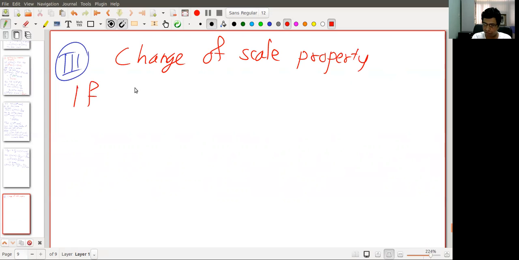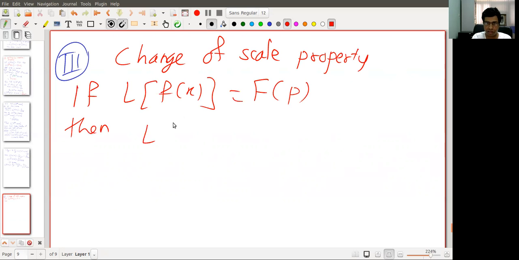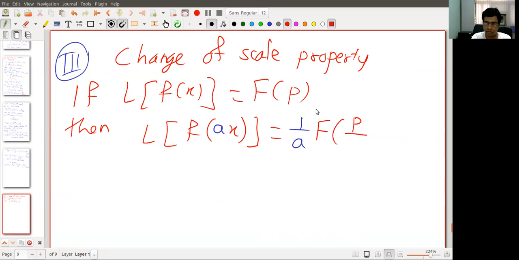It is described as: if Laplace transform of f of x is F of p, then Laplace transform of f of a multiplied by x equal to 1 upon a into F of p by a, where a greater than 0 is constant.